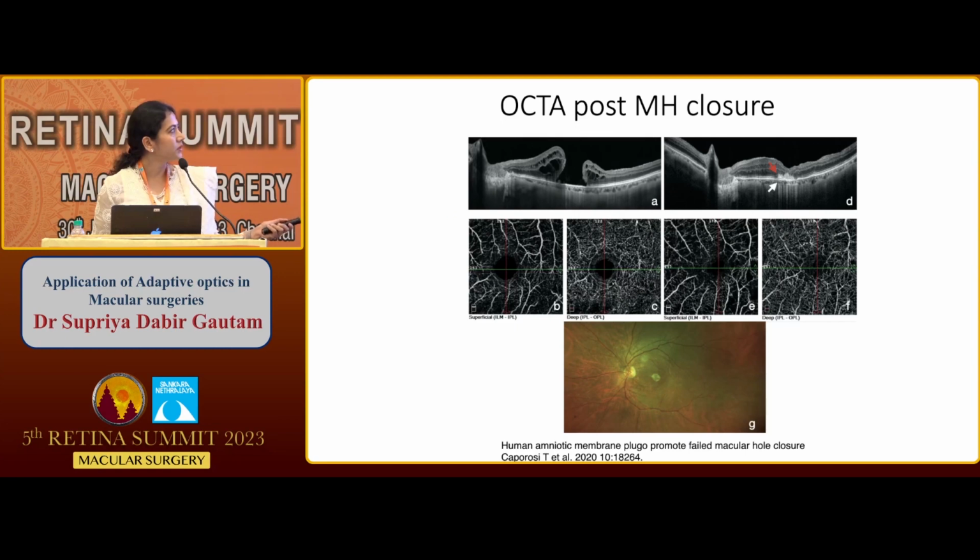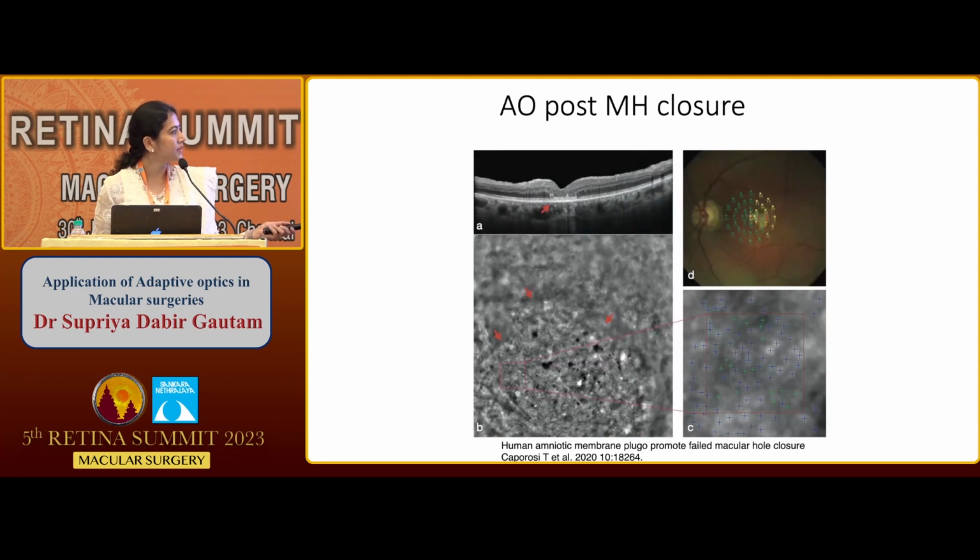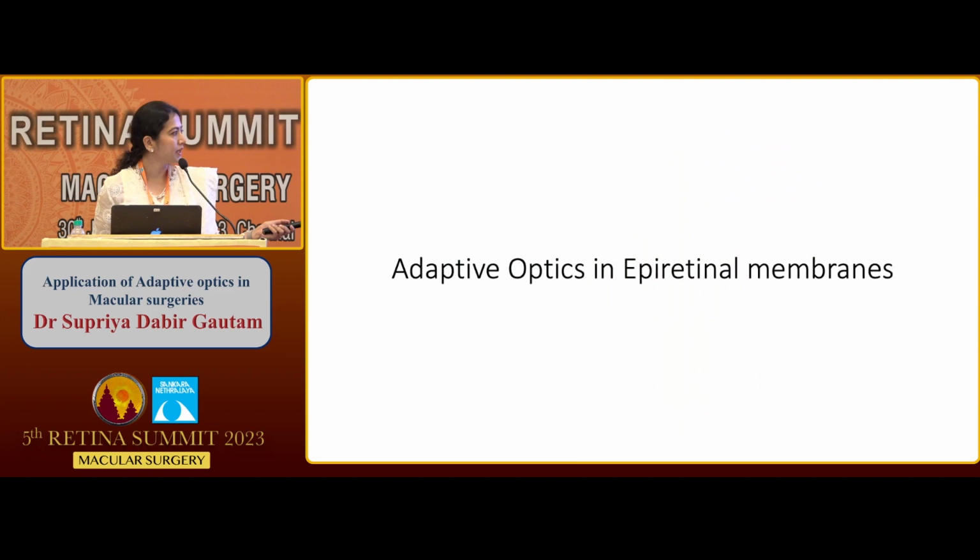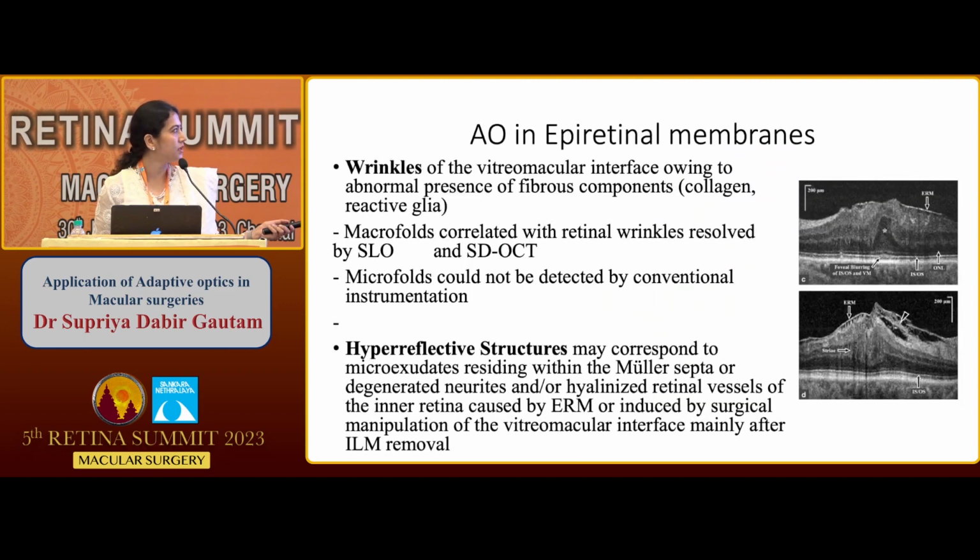Studies have looked at human amniotic membrane plugs in failed macular hole closure, and also seen that even beyond the plug there is spread of the photoreceptors and remodeling, and that does help in visual function.